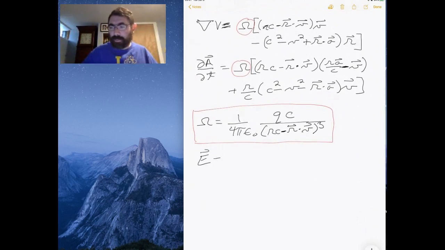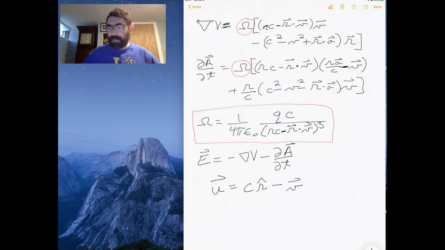So the electric field is minus the gradient of the electric potential minus the time derivative of the magnetic potential, like so. And we can clean this up a little bit by making a substitution and saying there's this new kind of velocity, u, which is the speed of light in the direction of r minus the velocity of the charge.